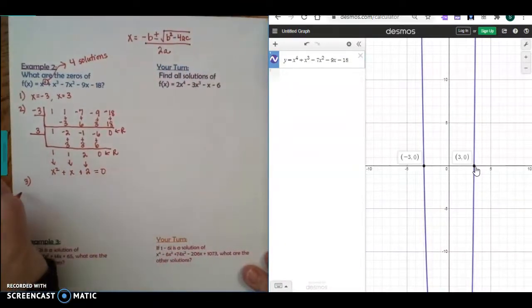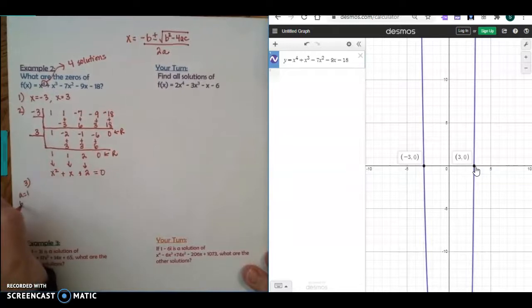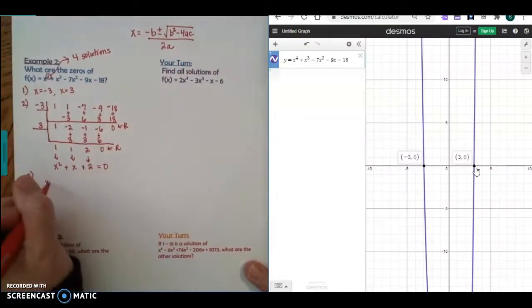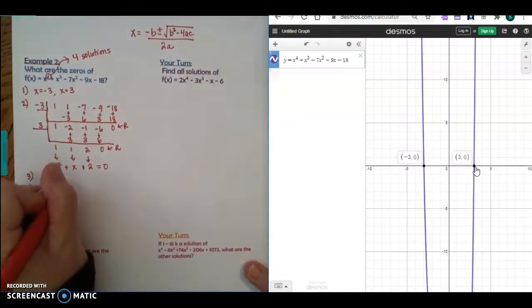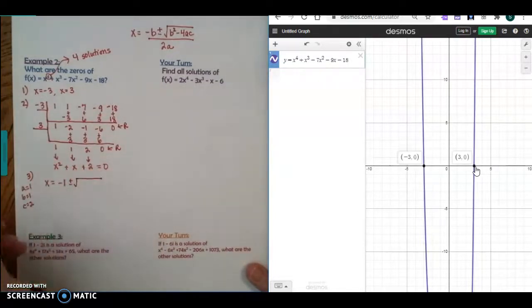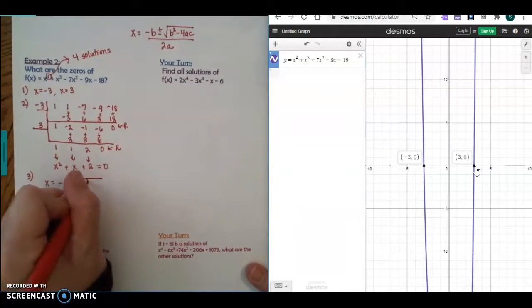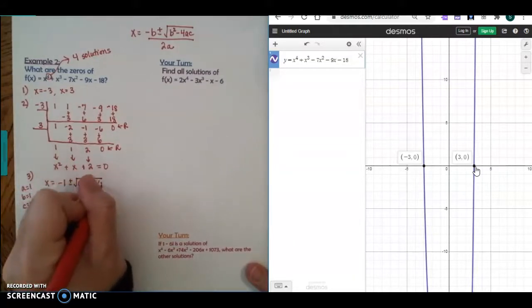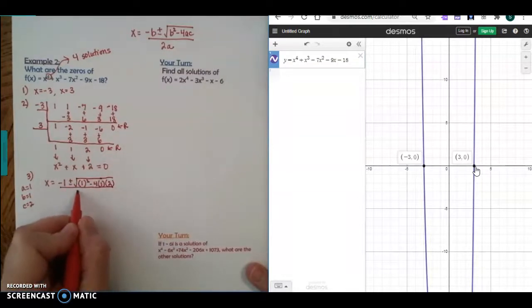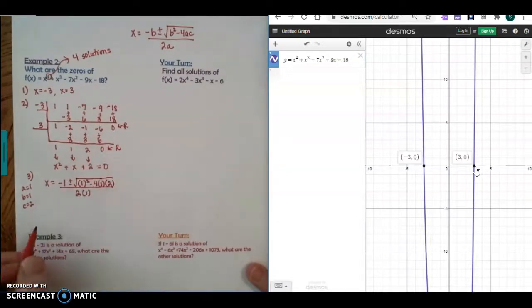So in this case, our a is 1, our b is 1, and our c is 2. So I'm going to pop those into the formula. So x equals opposite of b plus or minus the square root of b squared minus 4 times a times c, all that over 2 times a.